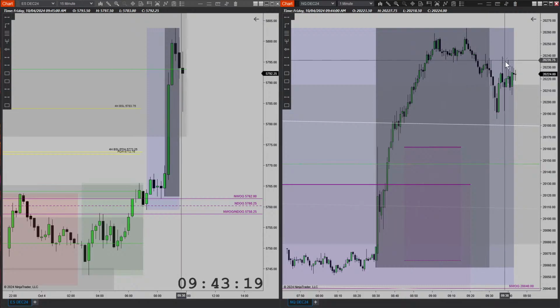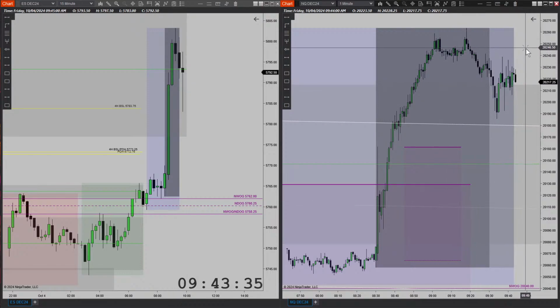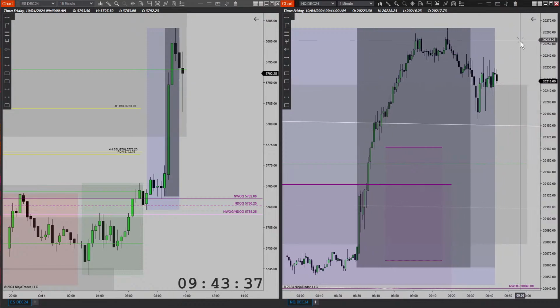There are people, I'm sure, trying to get long here. And if I were trading this based off of this model alone, I would probably get long here. But my higher time frame intuition tells me that we are bearish. And I'll always listen to the higher time frame.